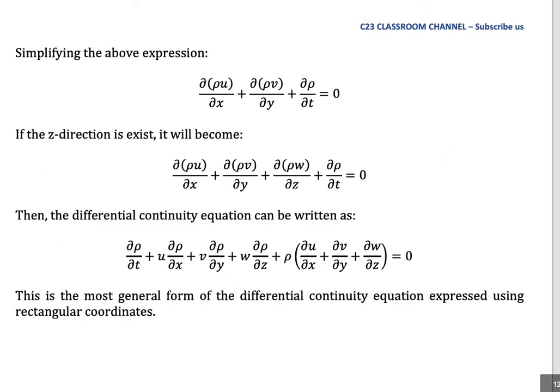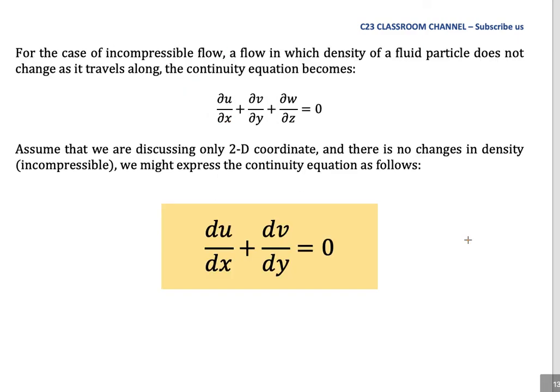And then if you do that, you will have this expression. Please make sure that you know how to do the partial differentiation. If you do the partial differentials, you could expand it like this one, and then you could simplify it to become this one.